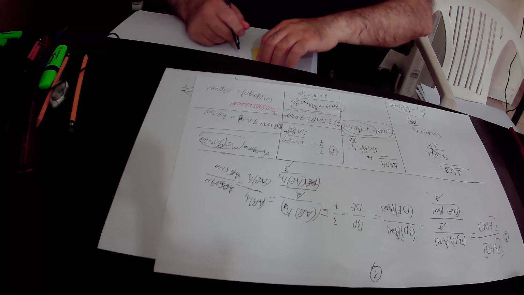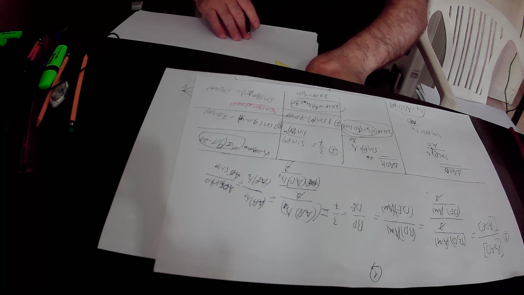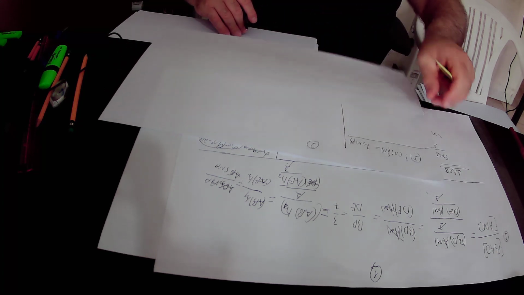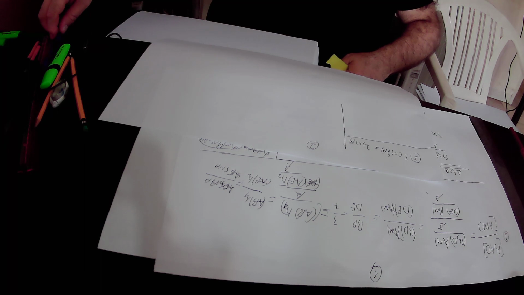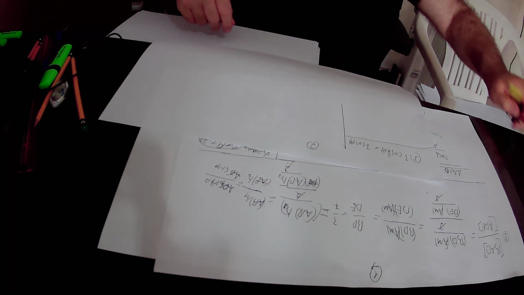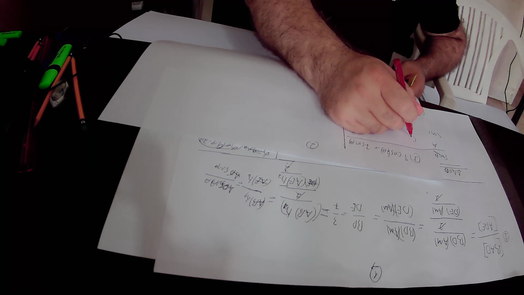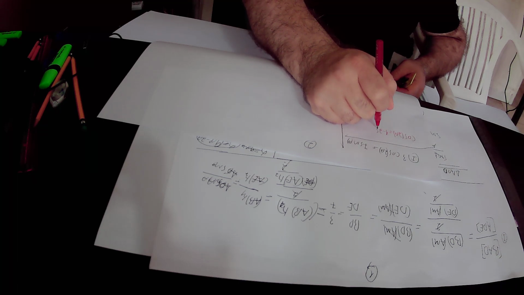So here we have a trigonometric identity for cosine 2 theta. Actually, the value of cosine 2 theta is equal to 1 minus 2 sine square theta.